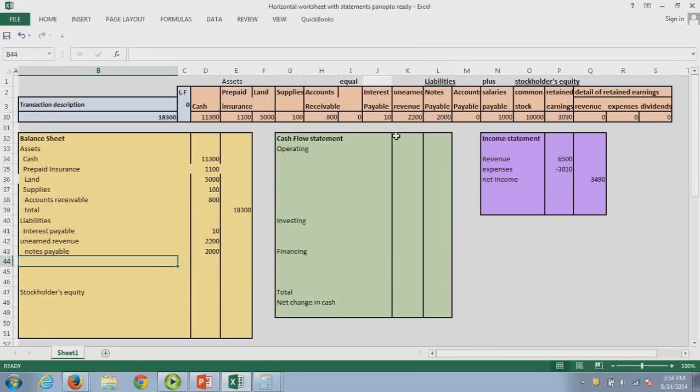So we could list it, or we could just leave 0 there. You really don't have to list it if it's 0. So I'll go ahead and go on to salaries payable, though if you want to list it with a 0 balance, that's fine. And then we do totals.